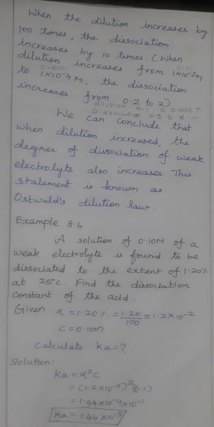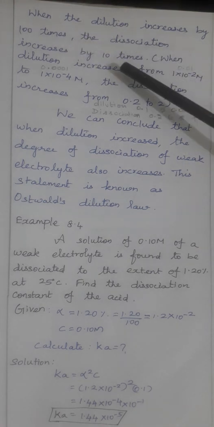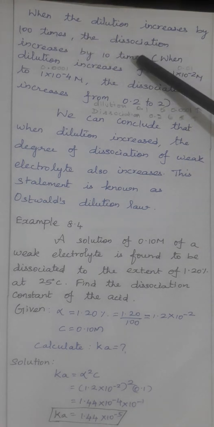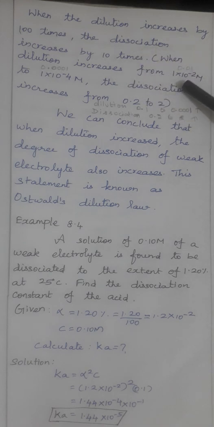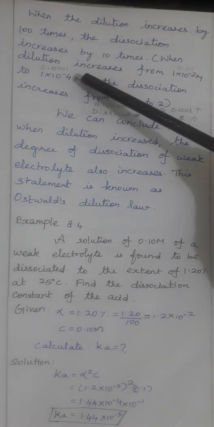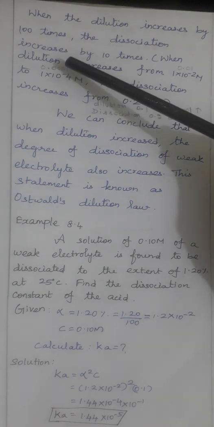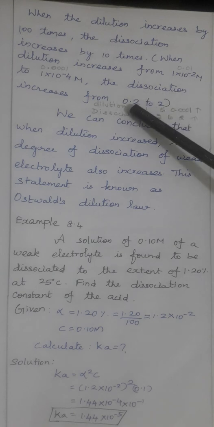When the dilution increases by 100 times, the dissociation increases by 10 times. When the concentration decreases from 1 into 10 power minus 2 molar, that is 0.01, to 1 into 10 power minus 4 molar, that is 0.0001, the dissociation increases from 0.2 to 2.